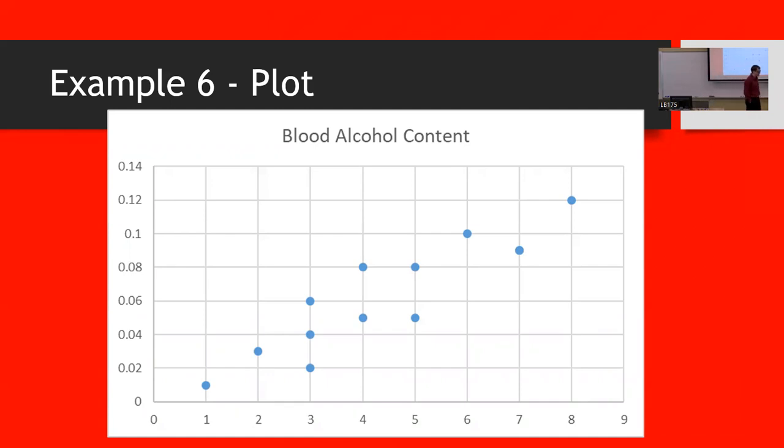The first couple we looked at didn't have repeating points at certain values. This one does. If you look at the value of 3, people drinking 3 beers, there were 3 subjects that drank 3 beers. And their blood alcohol level was different for each one of them. So there's 3 different dots there.